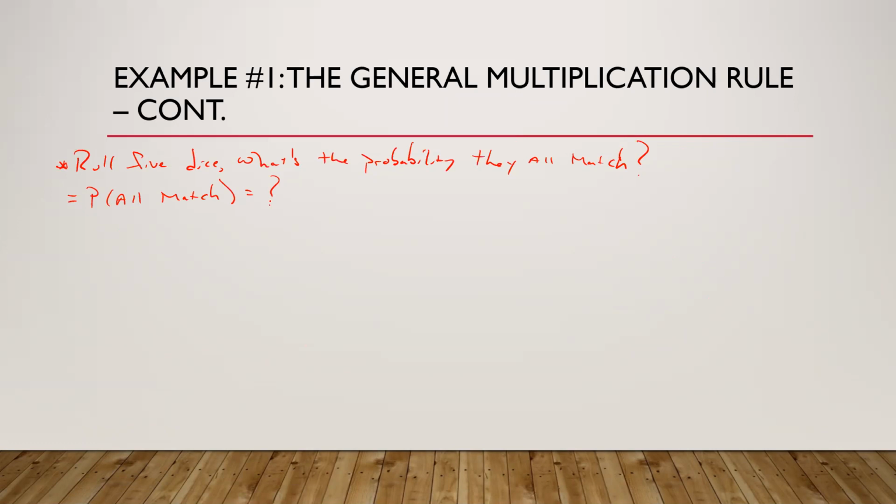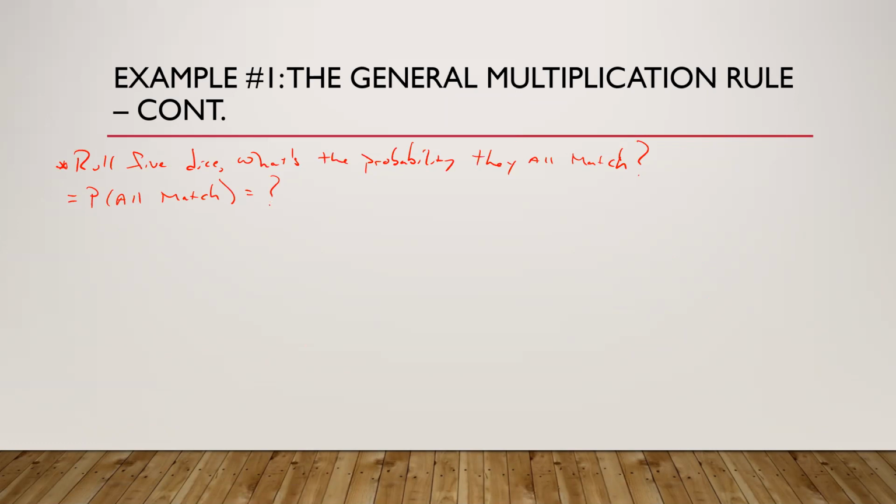If I want all the numbers to match, all the numbers to be the same, they can all be 1s, correct? Yes. Or they could all be what? 2s, or 3s, et cetera.